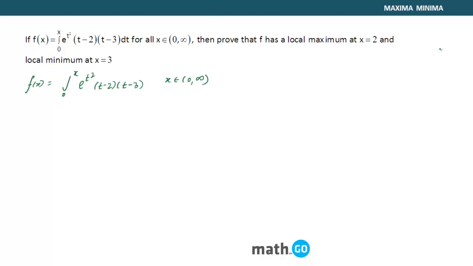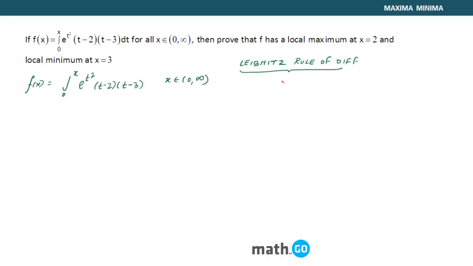So why have I taken this problem? Though we will do this in definite integration, this is because we need to know the Leibniz rule of differentiation for integration. That is, you need to find the derivative of an integral. How do you solve this? What formula should you remember?